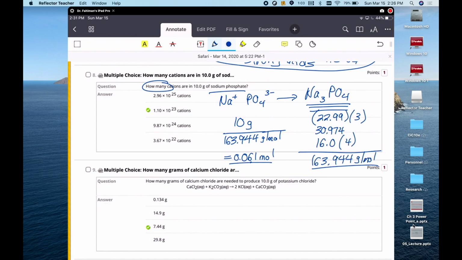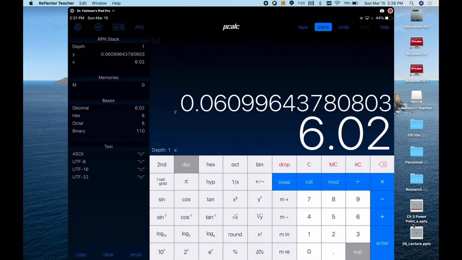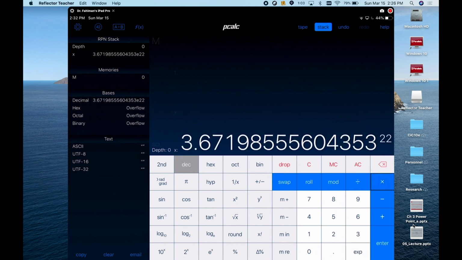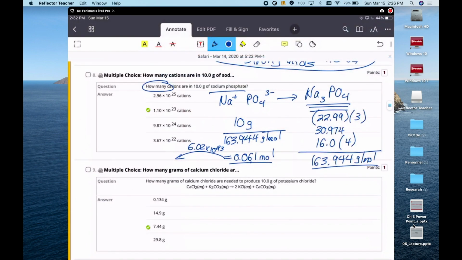If we multiply this by Avogadro's, 6.02 e to the 23rd, we get 3.67 times 10 to the 22.